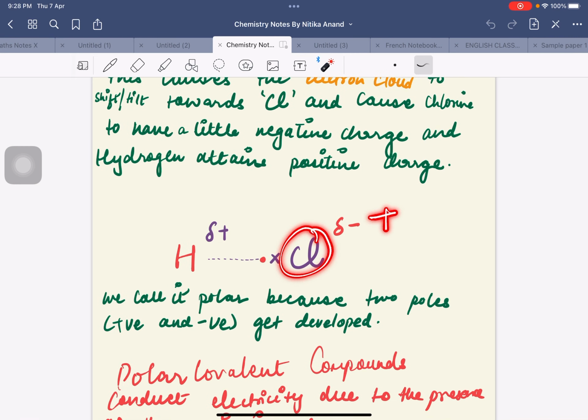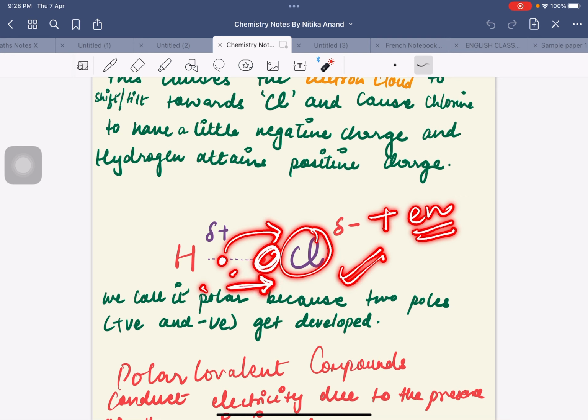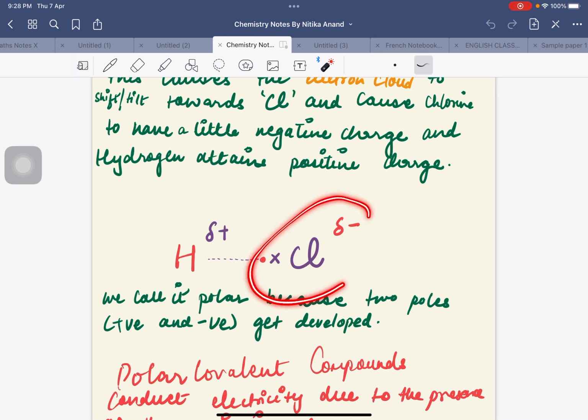Due to the higher electronegativity of chlorine, it attracted this shared pair of electrons. Earlier it was here, but due to its strong electronegativity, it attracted the pair towards itself, due to which it attained a little negative charge.